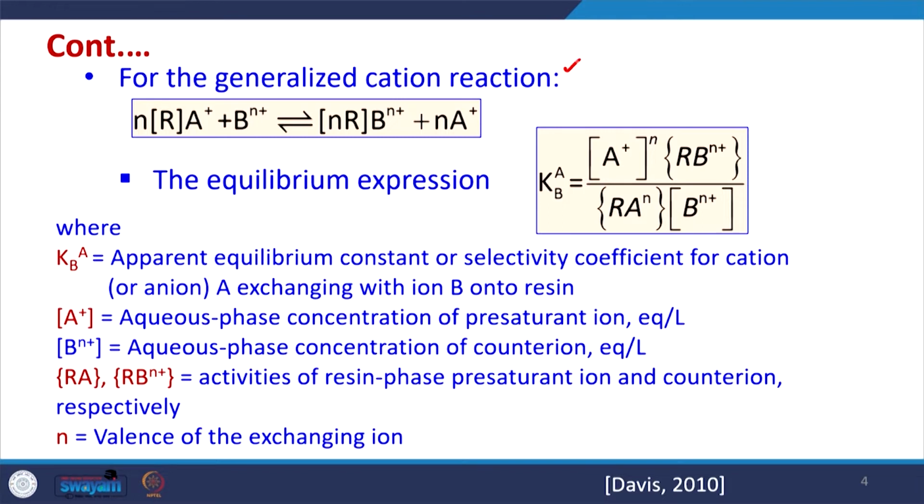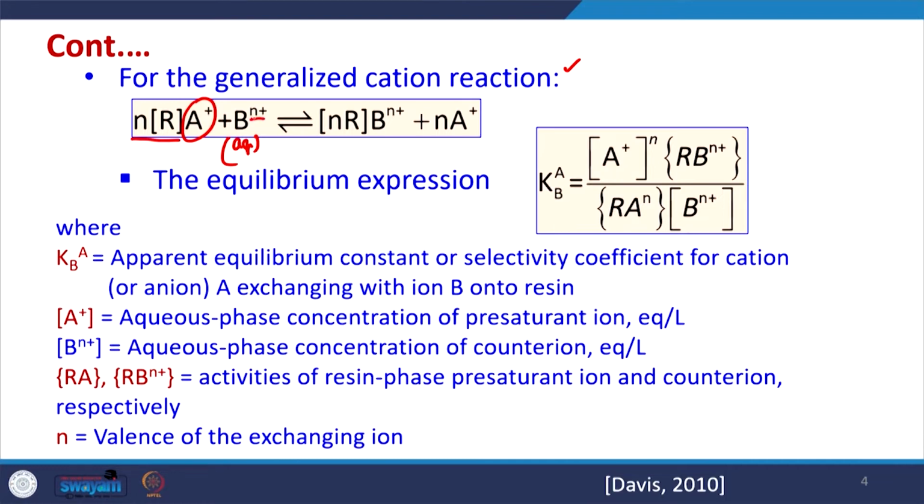So, we have a resin on which some cation is already present, and in the aqueous phase we may write that B is present, having some valency N plus.